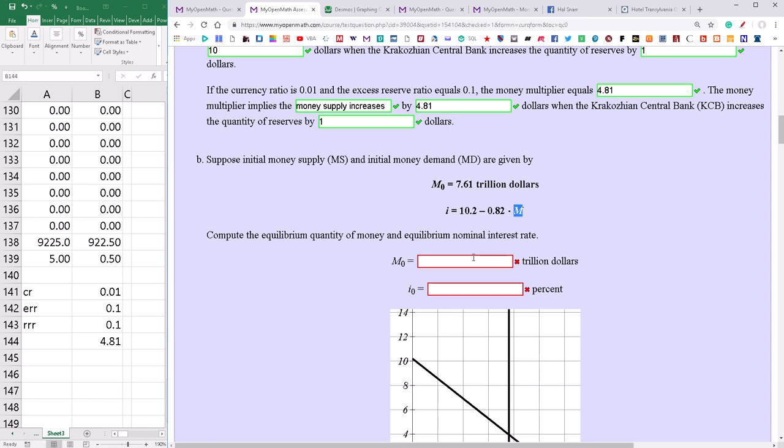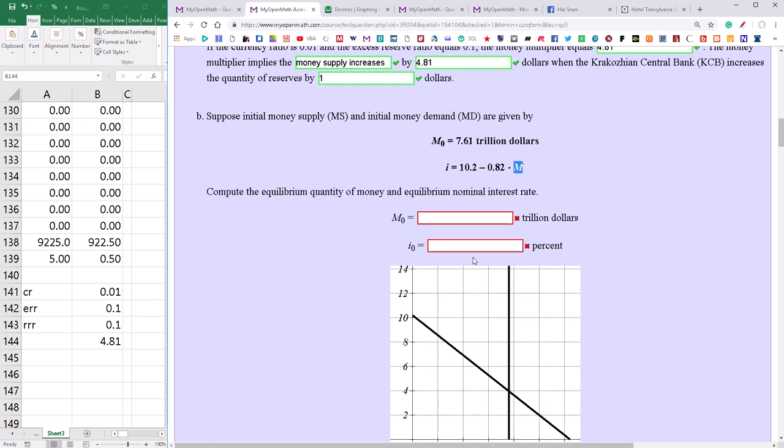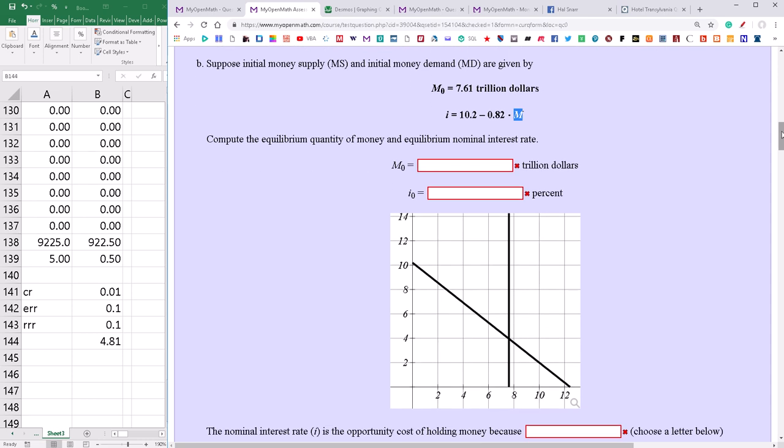So we've got to calculate the original equilibrium, right? The quantity is easy, because the supply of money is a vertical line. So at this intersection, the quantity of money here is 7.61.